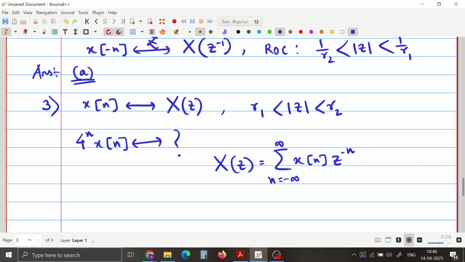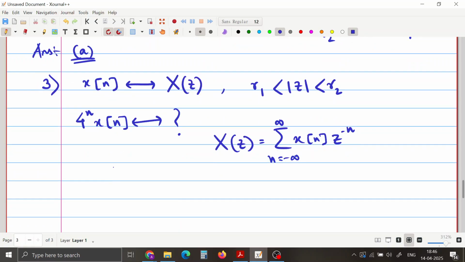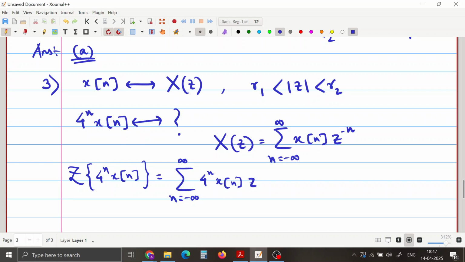Now let us find the Z transform of 4 raised to the power n into x of n. So it will be the summation, n running from minus infinity to plus infinity, 4 raised to the power n into x of n times z to the power minus n.